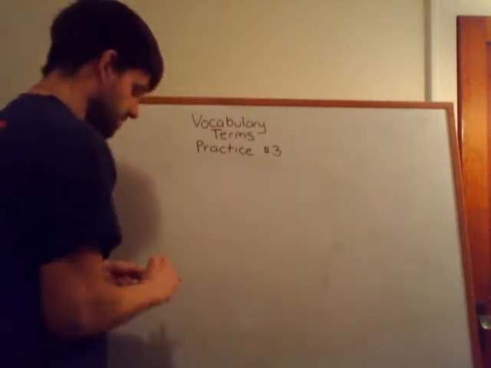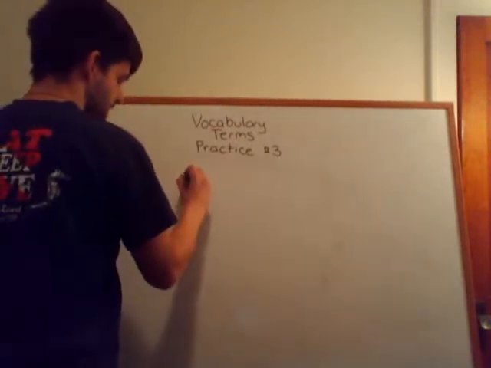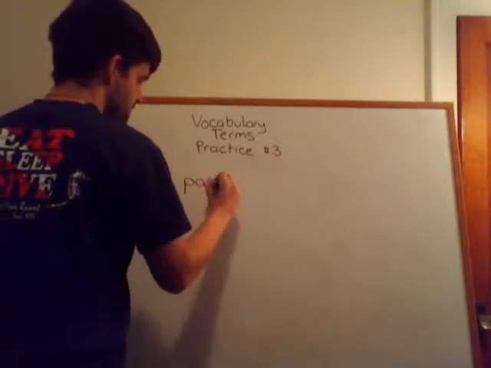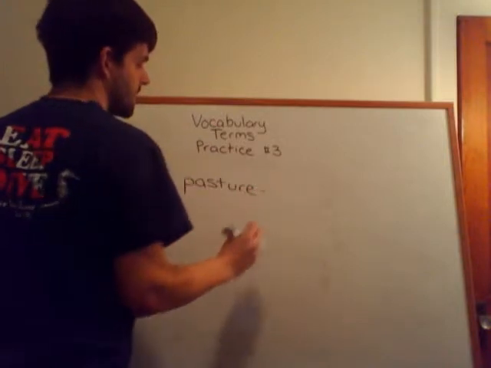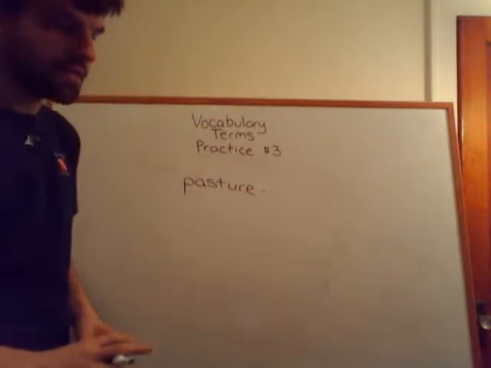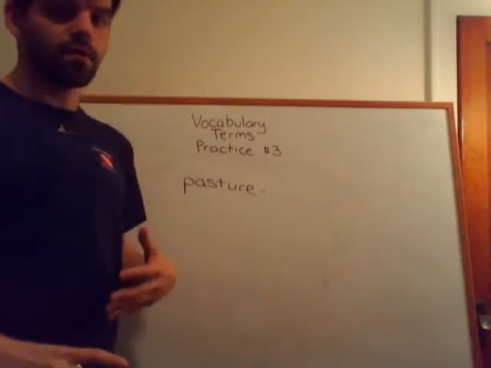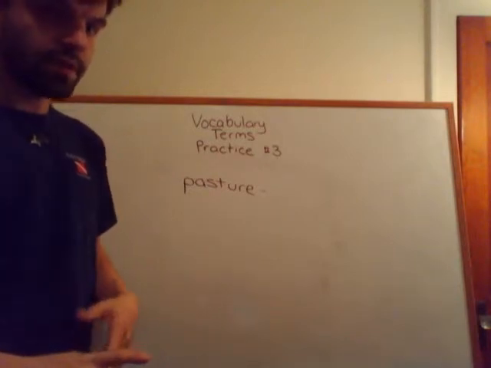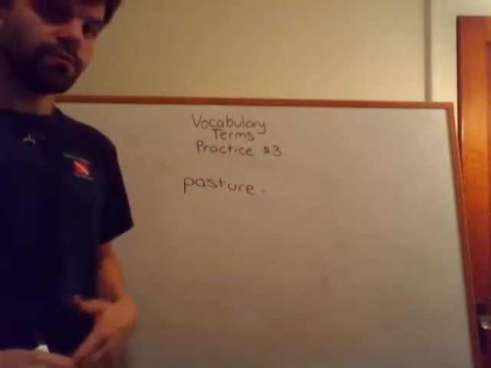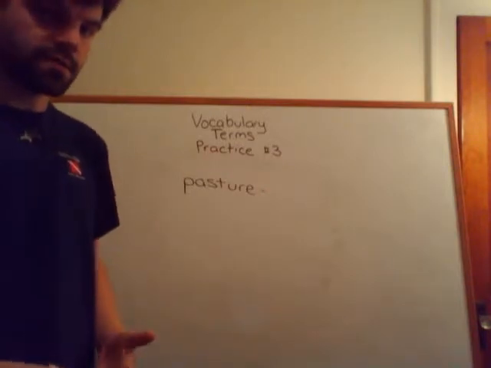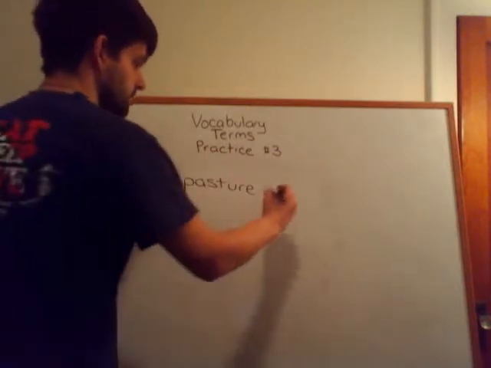The next word is pasture, and pasture is spelled P-A-S-T-U-R-E. Now, a pasture is an area or field covered with grass or other low-level plants that is suitable for grazing animals such as sheep and cows.